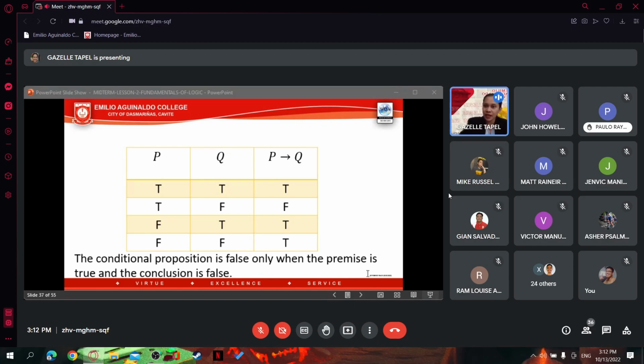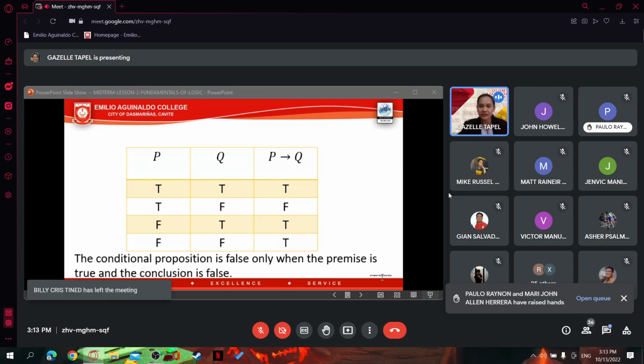Ang sabi ko kanina, if 2 is even, then 3 is prime. Find the truth value of the conditional statement that if 2 is even, then 3 is prime, and explain.